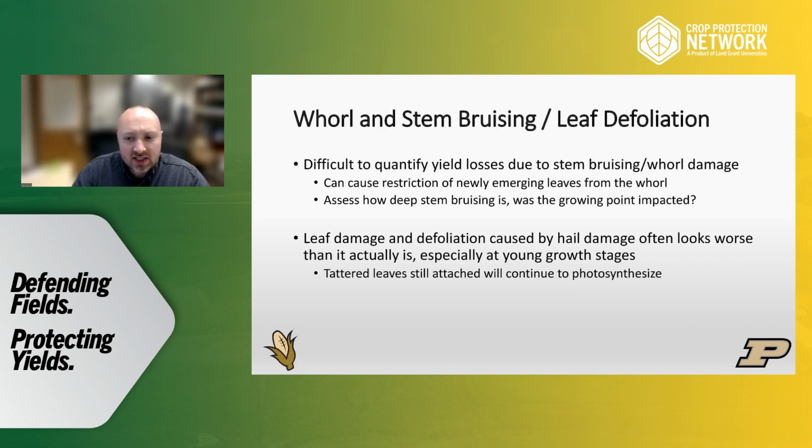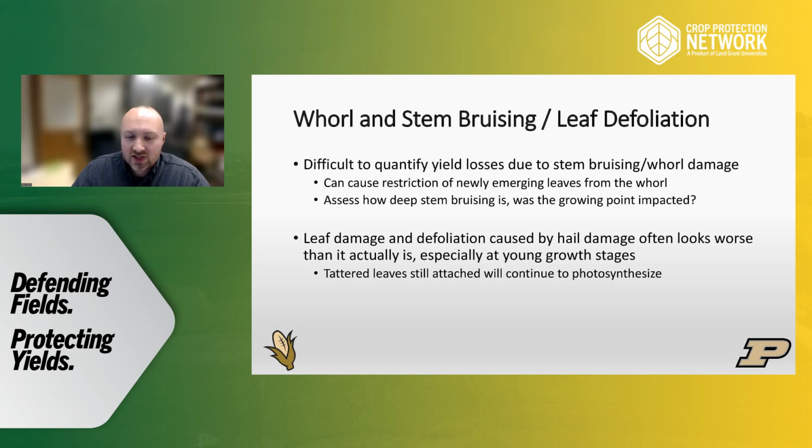Another issue that can happen with hail damage at this point in time is both stem bruising and also whorl damage. You think about whorls and the unrolling of those leaves, especially during the vegetative stages; those can be damaged due to hail damage. And also leaf defoliation, right? In terms of stem bruising and whorl damage, it's often very difficult to quantify yield losses.